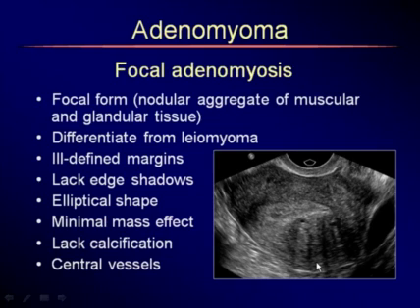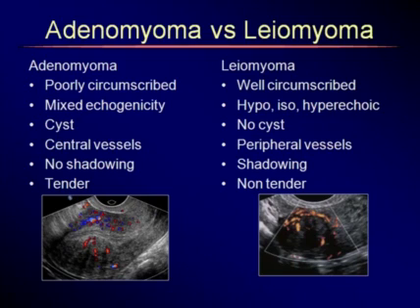That is in contrast to the myoma, which forms in the myometrium and pushes the normal myometrium around it. So I've contrasted this for you here. These are the features of adenomyomas, and here are the features of leiomyomas. The adenomyoma has poorly defined margins because it just blends with the myometrium, whereas the fibroid is rounded and has borders.